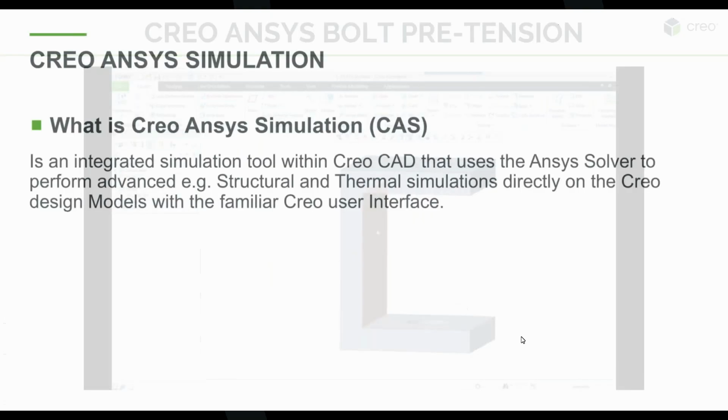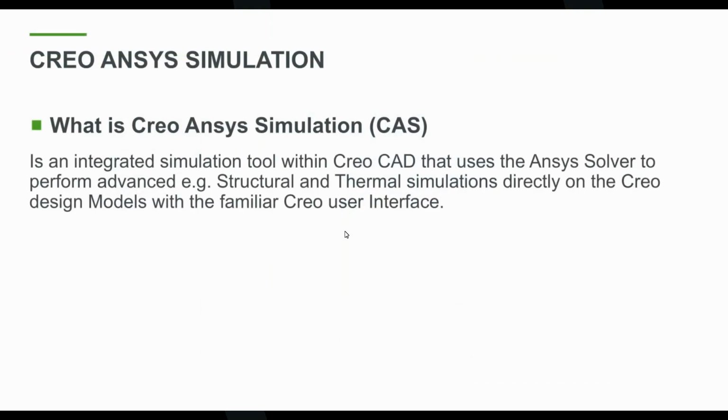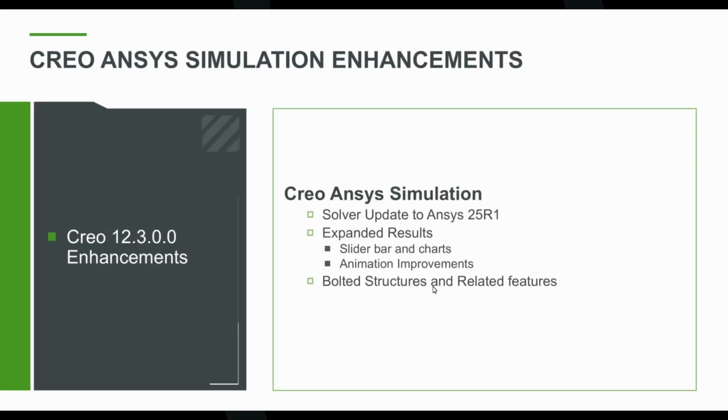So, Creo ANSYS simulation. It's an integrated simulation tool with Creo CAD that uses the ANSYS solver to perform advanced structural and thermal simulation directly using the Creo design models, in the familiar Creo user interface. Currently, on today's date, we're using the latest R25 ANSYS solver.